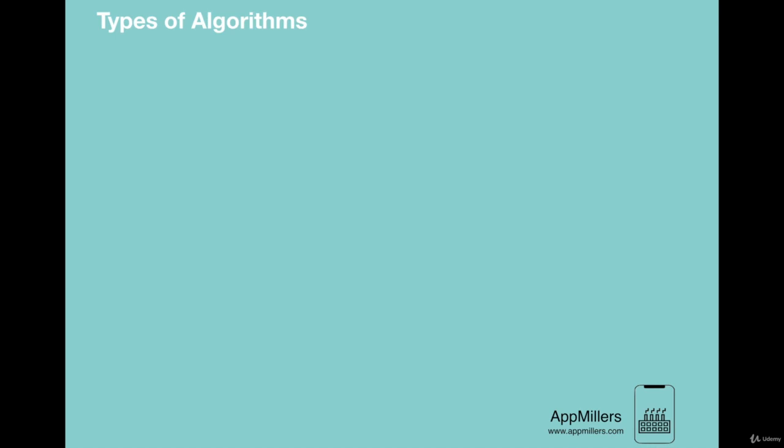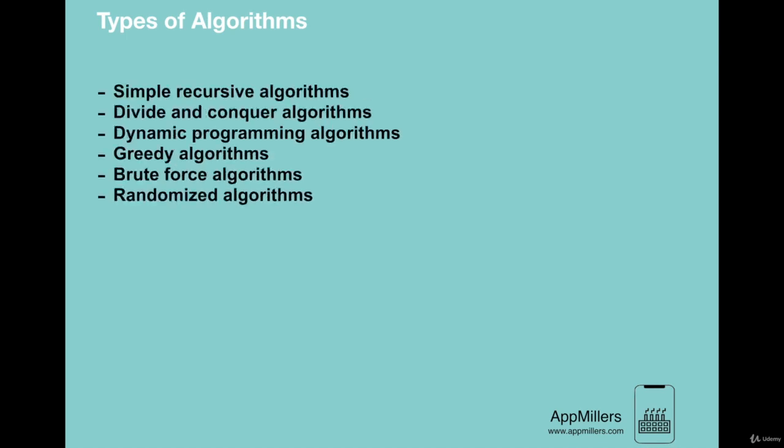The purpose here is to highlight the various ways in which a problem can be attacked. Based on these criteria, algorithm types can be simple recursive algorithms, divide and conquer algorithms, dynamic programming algorithms, greedy algorithms, brute force algorithms, and randomized algorithms. Okay, let's see what these algorithms are about.